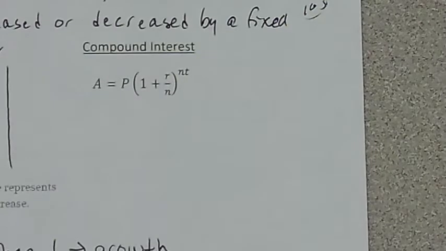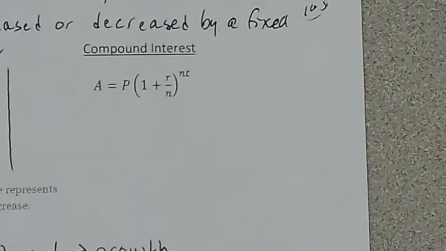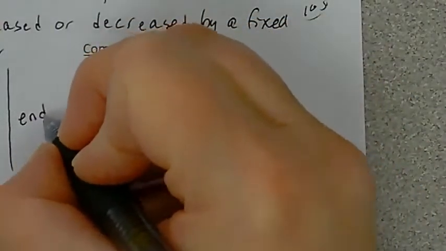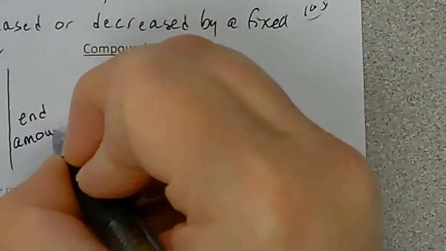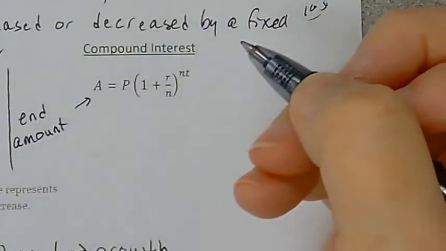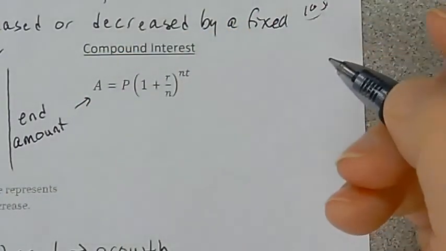So let me just explain what each of these letters mean, and then we'll go to the back of these notes and talk about how to use them. So to start off with, the A represents your ending amount, how much you're going to have after all the interest has accrued.